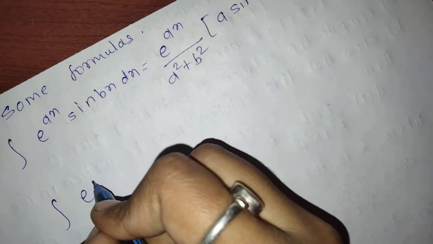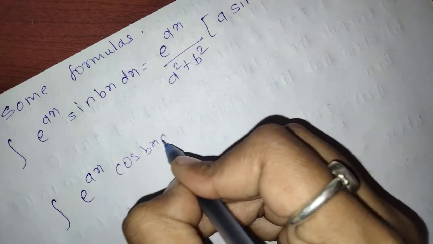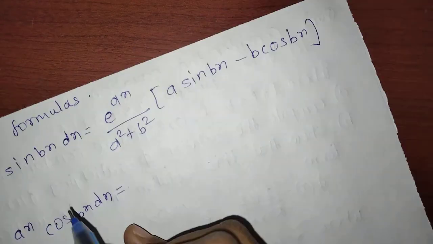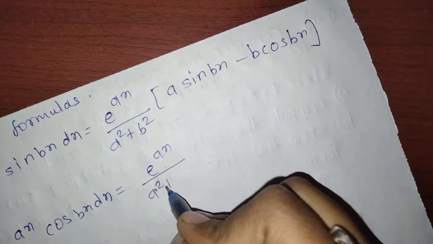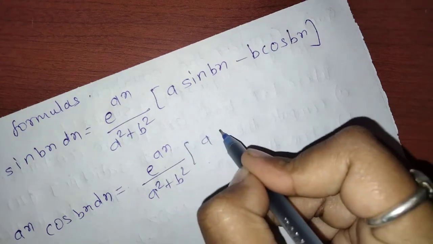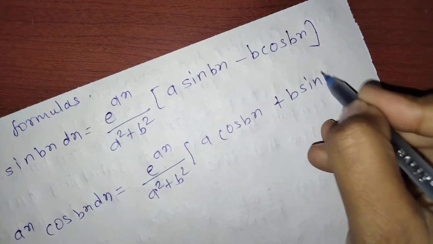And integration of e raised to ax cos bx dx is equal to e raised to ax upon (a squared plus b squared) into (a cos bx plus b sin bx).